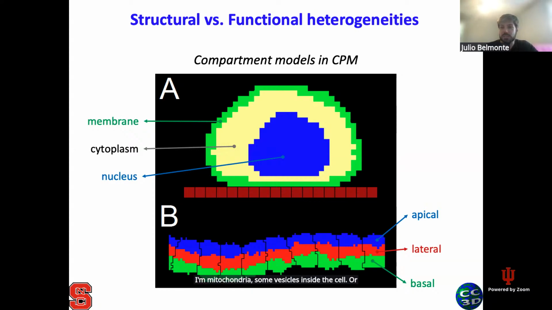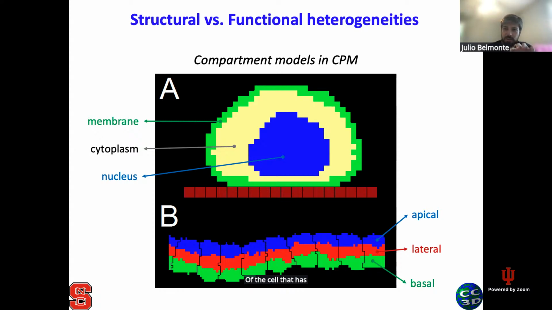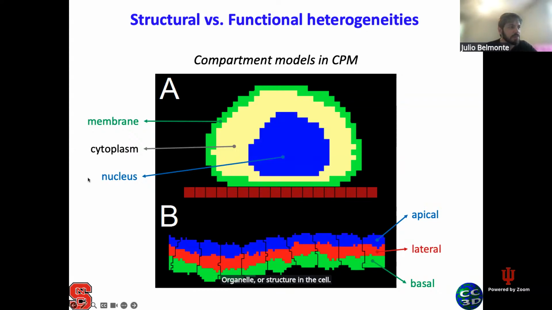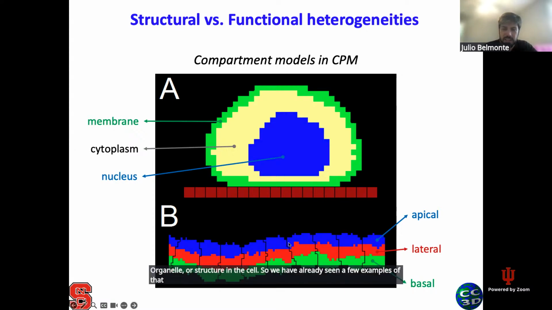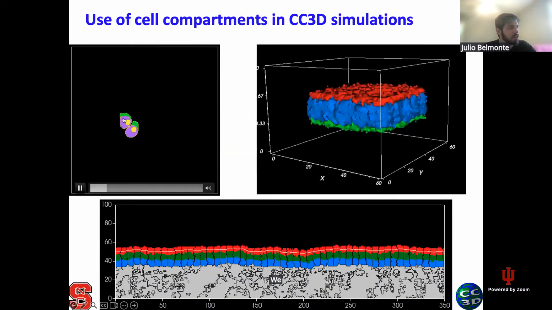Or you can also use a functional compartmentalization of a cell, where each cell region or cell domain corresponds to a different region of the cell, governed by a bunch of molecules, proteins, and structures that have different functionality than the other regions of the cell, but that's not a one-to-one correspondence with a specific organelle or structure in the cell.